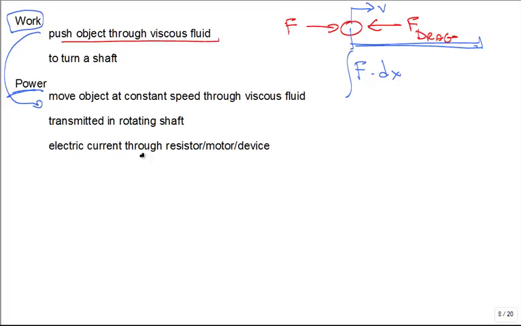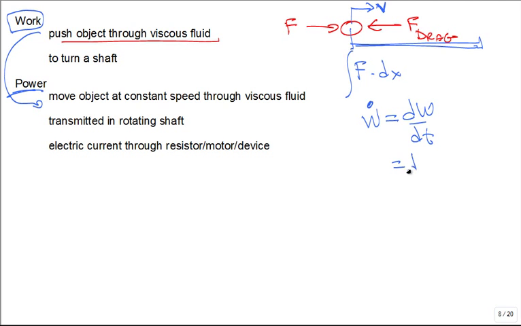But what we have is this object moving at speed v, right? We want to know the power, the rate at which work is produced by the engine to overcome the friction, the viscous drag on the car. What is that equal to? It's the time derivative of the work.